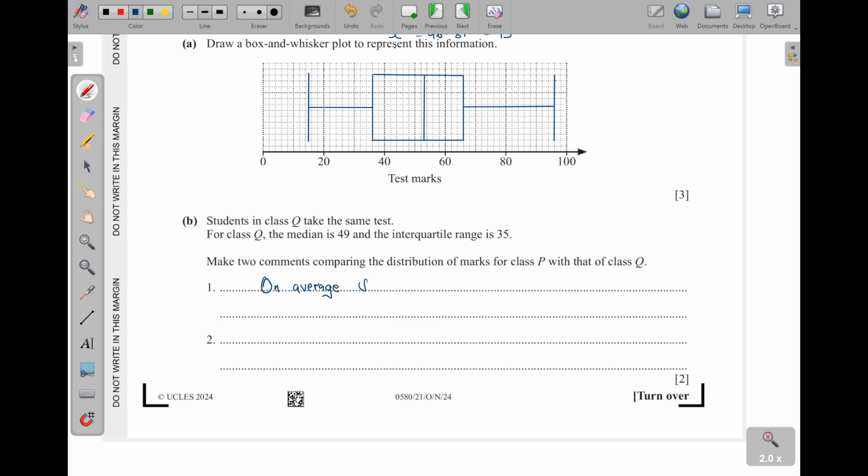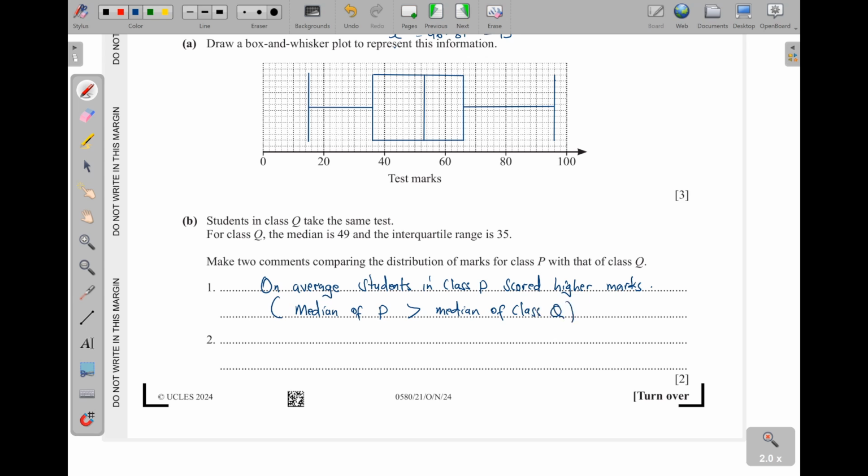So on average, the students in class P scored higher marks. It's just a statement like this, and that's enough. But I'm giving this one because the median of class P is greater than the median of class Q.